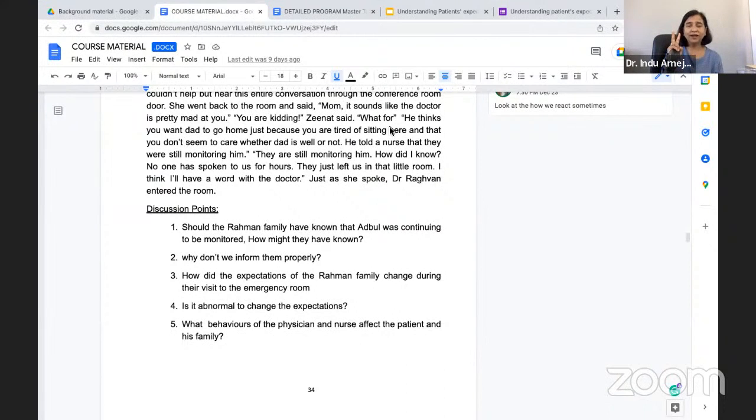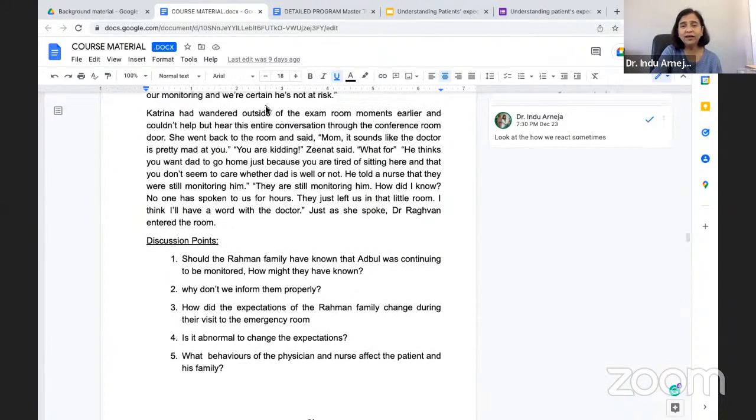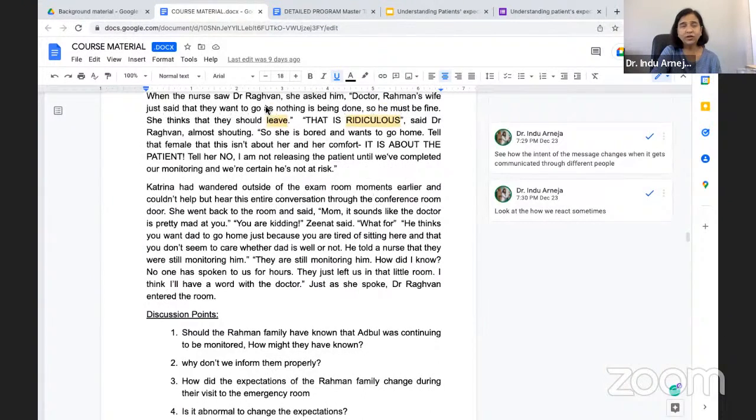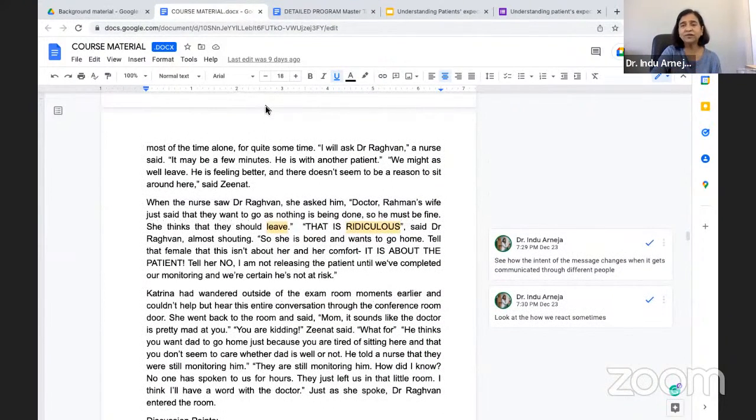Two things that actually were out of context. One was the change in the version the nurse made in the communication when she spoke about the wife's statement to the doctor. She said, she thinks we are not doing anything. So it completely changed the statement given by the patient's family.